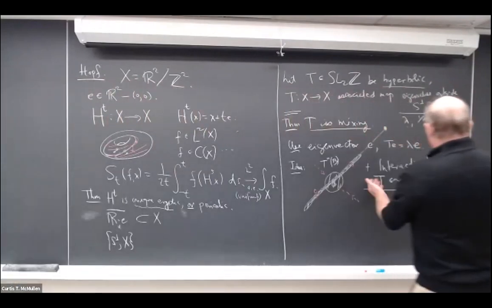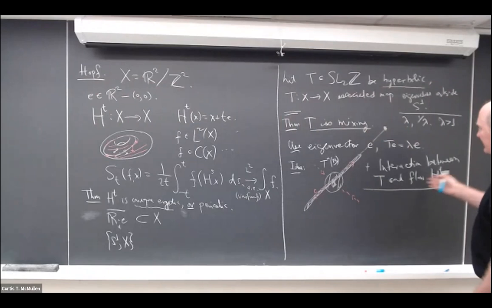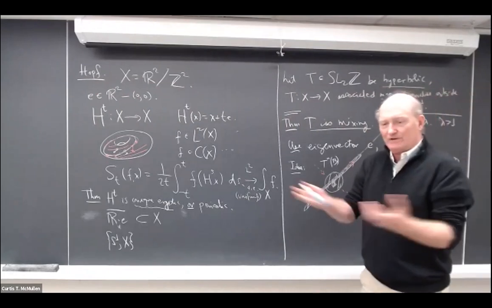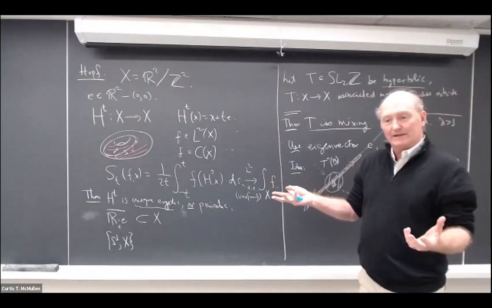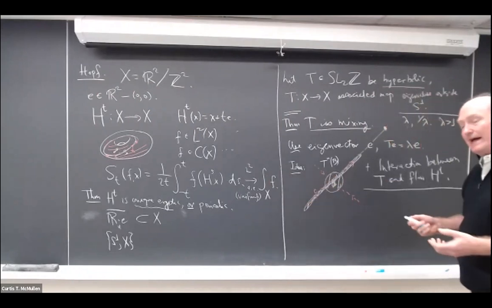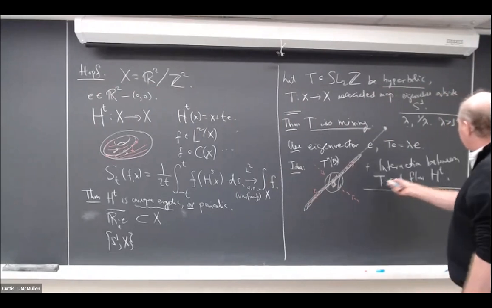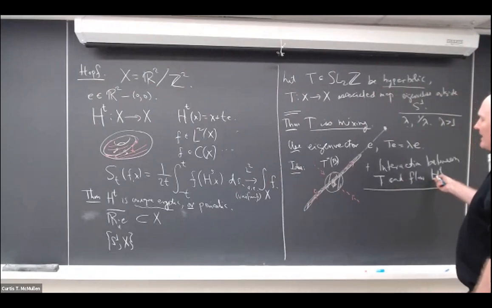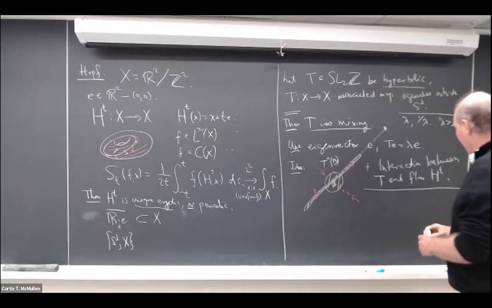And so you might ask, what if you take this flow H_t and you take this transformation T and you take the group they generate as mappings of the torus to itself? What do you get? Well, the nice thing is that T and H_t interact in a very simple way.